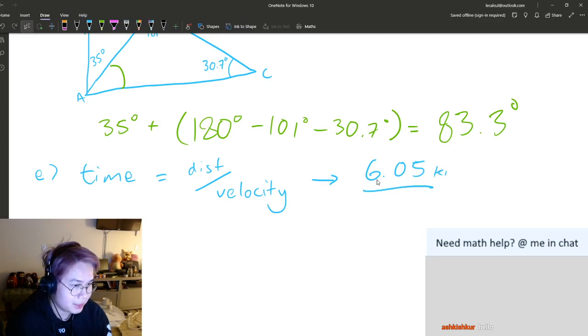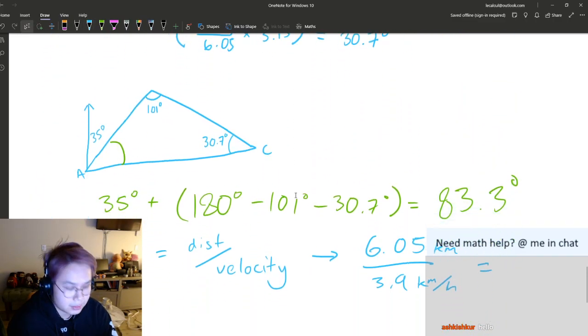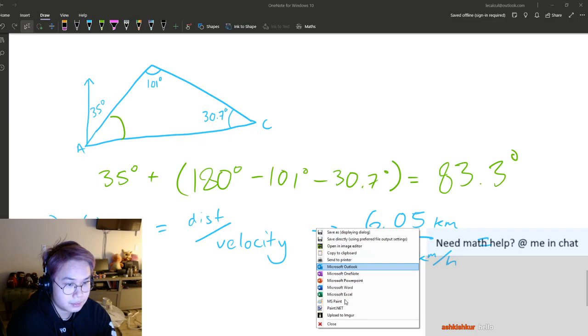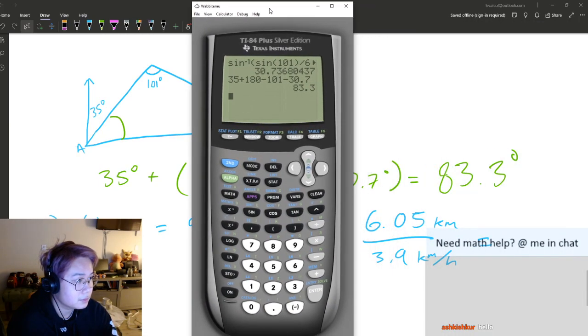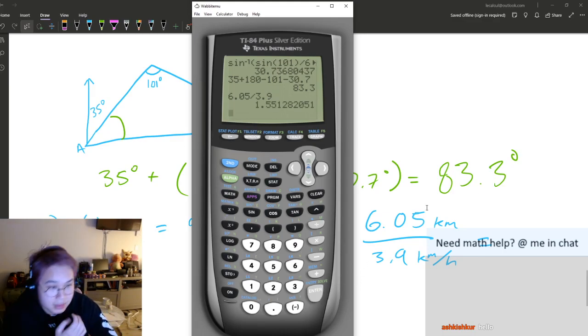And then just be careful and make sure that your units are matching, because you need to make sure you're in kilometers if you're going to divide any units that involve kilometers. So take this, do the division, and notice what the question wants.